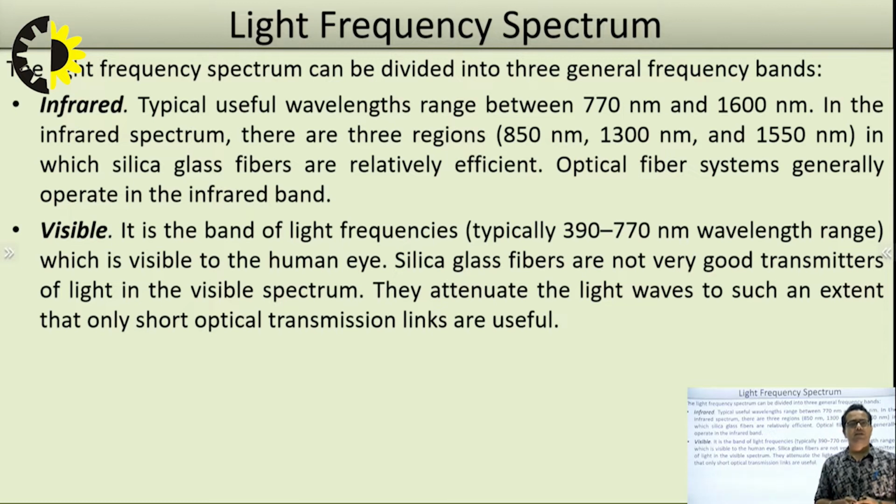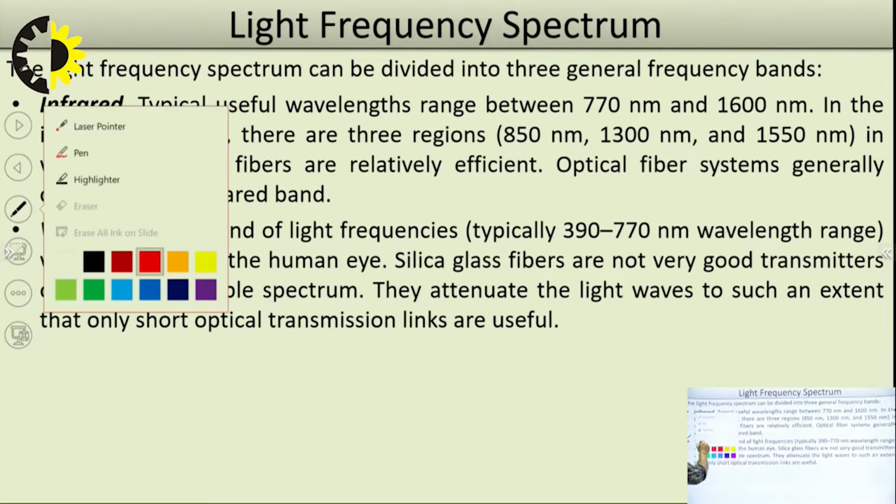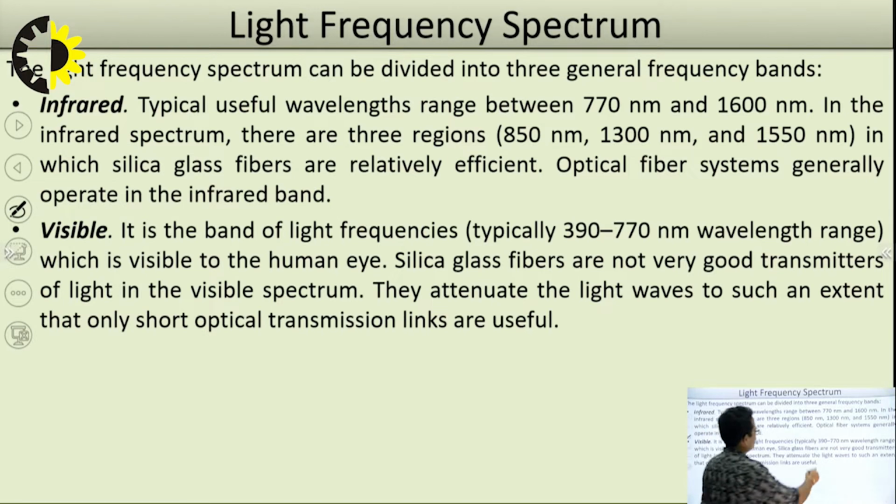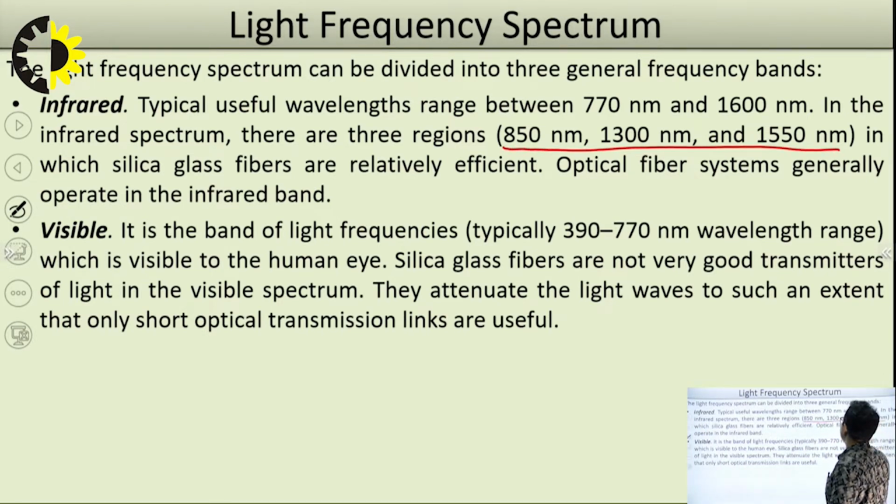With further purification of materials and various methods, they reduced the attenuation to around 0.2 dB per kilometer at the 1550 nanometer wavelength. So that's why in this infrared region we concentrate on these three wavelengths: 850, 1300 and 1550 nanometers.